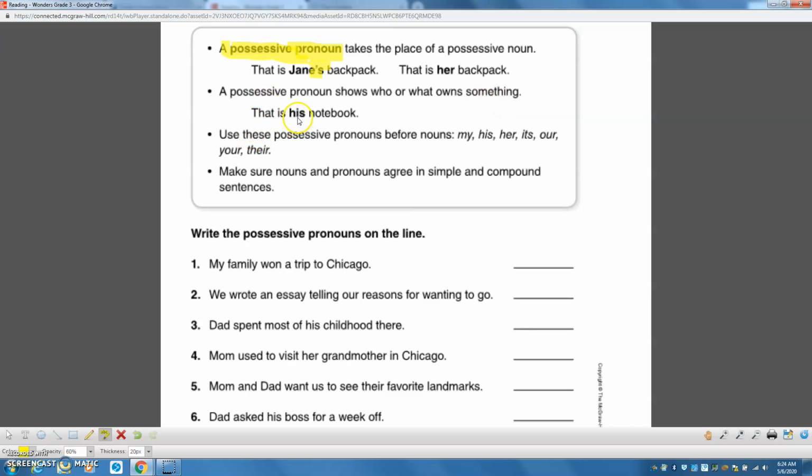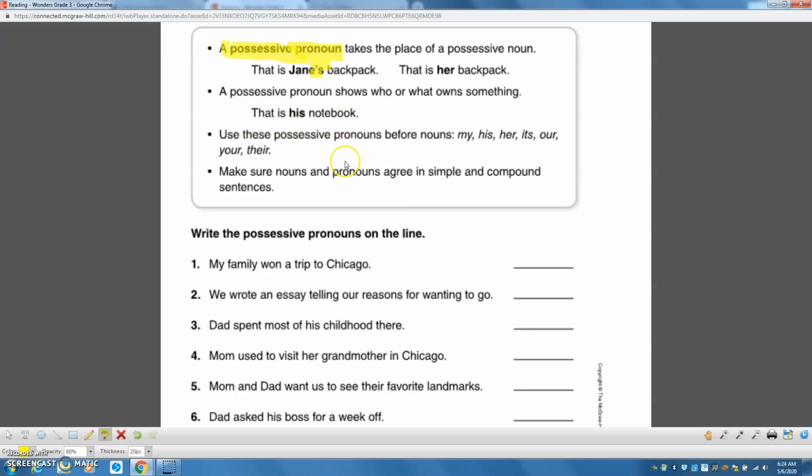That is his notebook. So instead of saying that is he notebook, that doesn't make sense. That's not a possessive pronoun. A possessive pronoun would be his. Now we can show that the notebook belongs to him. So that is his notebook.